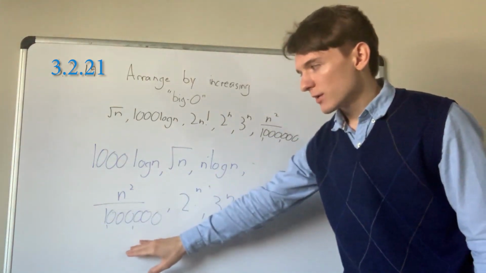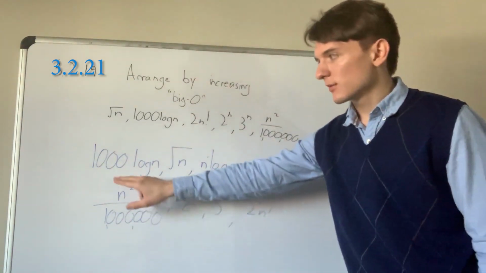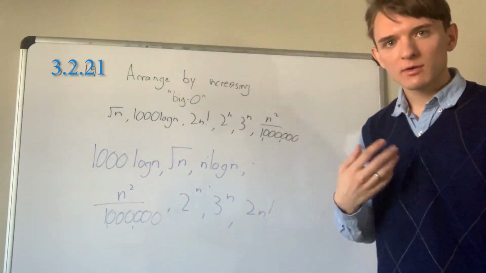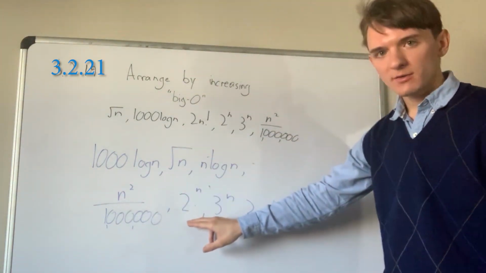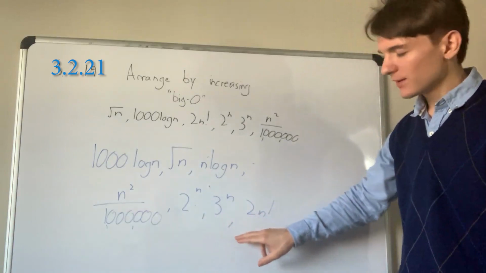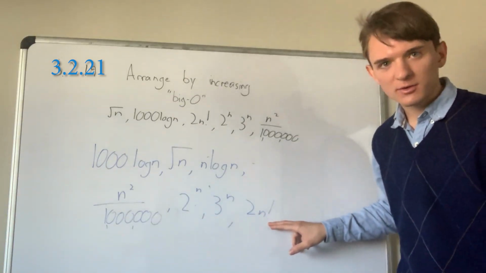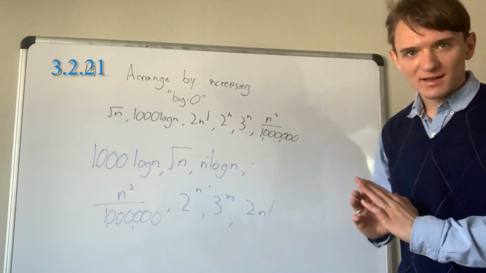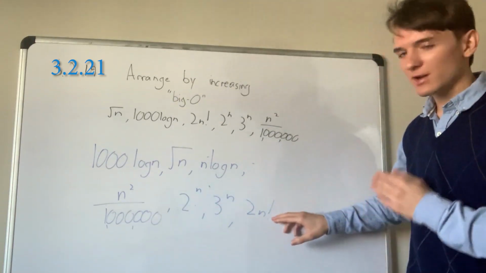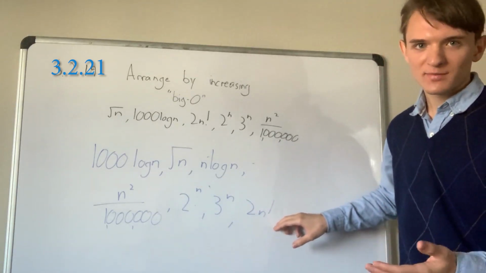Then we have n squared over a million. Again, the million doesn't matter for the same reason the 1,000 doesn't matter. The most quickly growing component is the n squared. Next, 2 to the power of n, 3 to the power of n, and 2 times n factorial. Anything factorial is basically the worst or terrible running time of a function, and if you ever wrote an algorithm which was n factorial, I'd probably fire you.